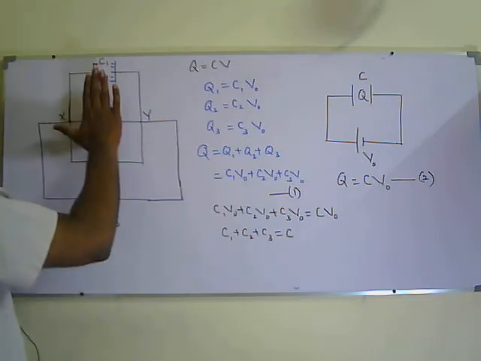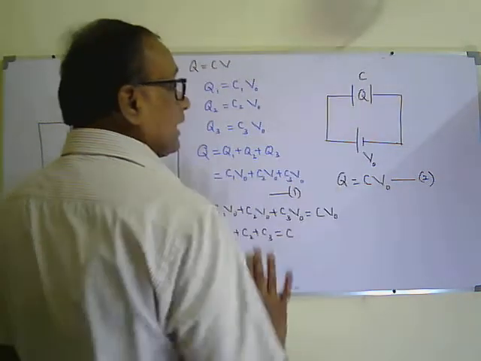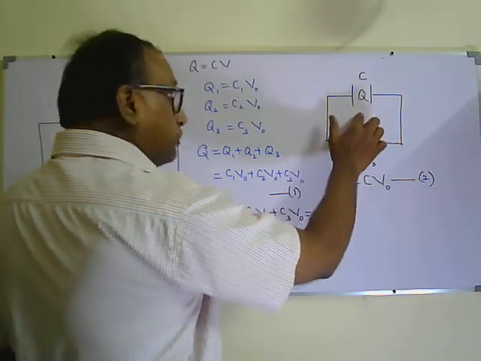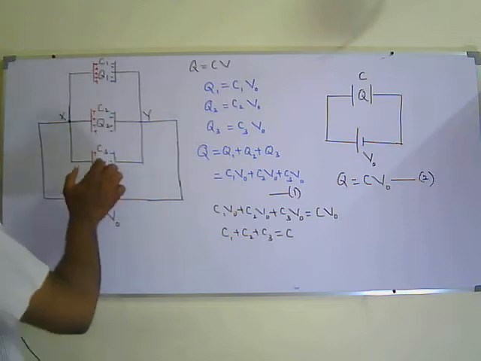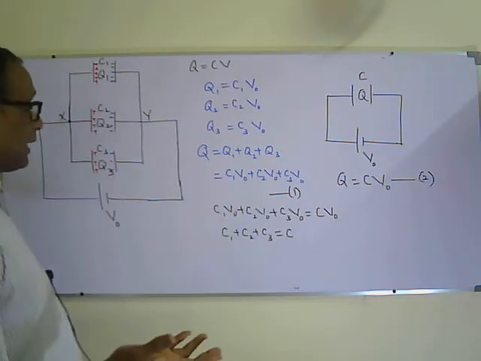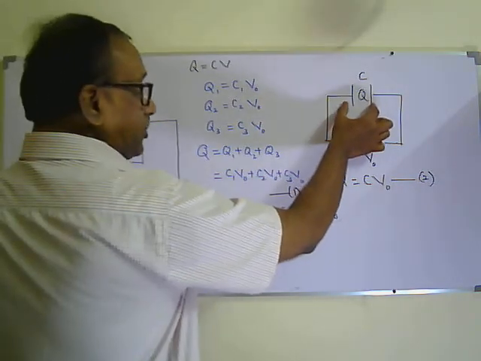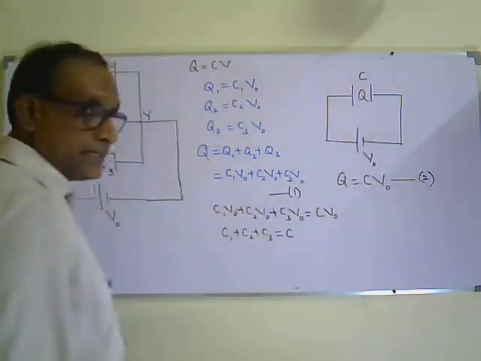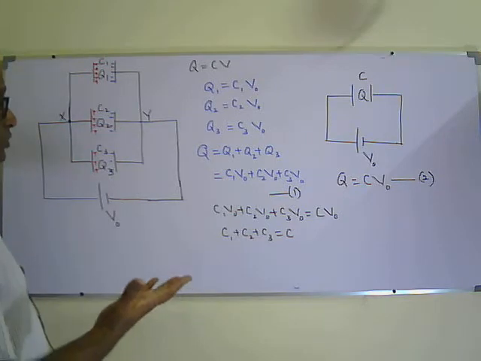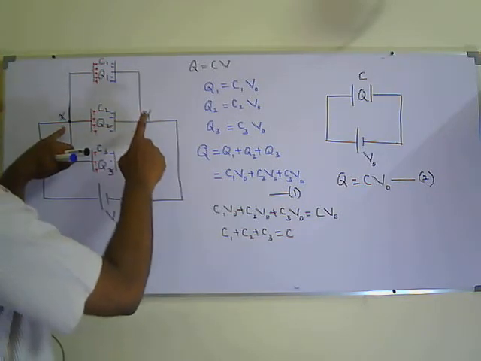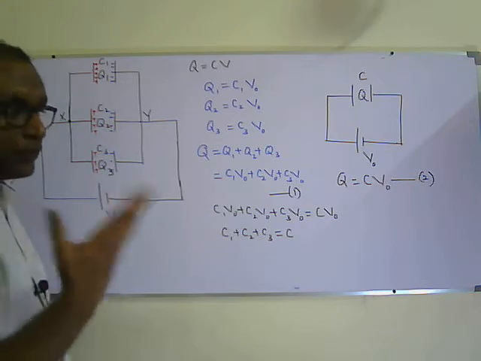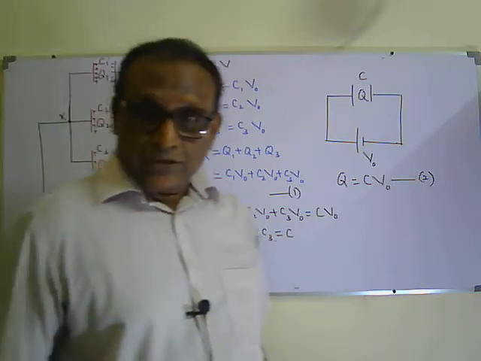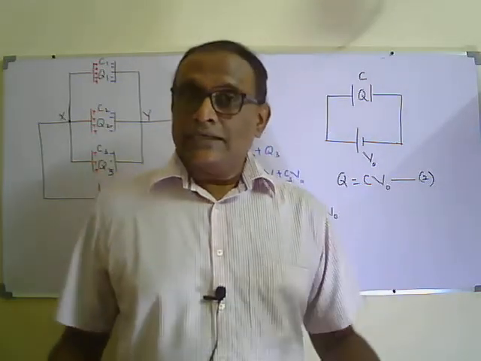When you compare the parallel connection with the equivalent capacitance, the charge of the equivalent capacitor should be the same as the sum of the charges of the capacitors connected in parallel, and the voltage across the equivalent capacitor will be equal to the voltage across the junction XY. We must remember these things when we are answering calculations related to parallel connection.